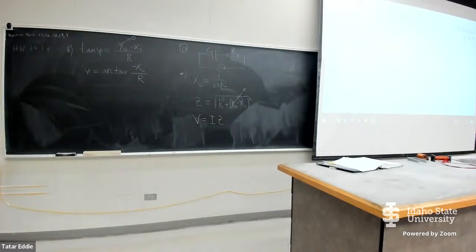Can you just go over 18? Okay, let's look at problem number 18 from the practice test. So you have a generator, and they give you the RMS voltage and the frequency of this generator, and you have a full RCL circuit.